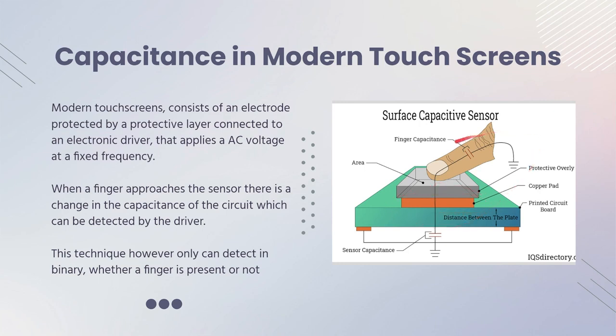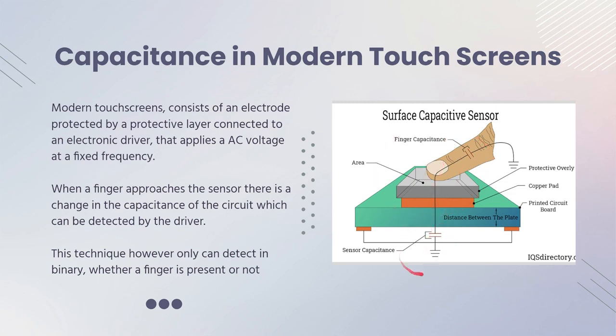However, when a finger, which has a larger capacitance by virtue of the water in it, approaches the electric field of the copper pad, we realize that there's a sudden relative increase in the capacitance of the sensor. Therefore, now when a signal is applied to this copper pad, we observe a feedback from the setup.